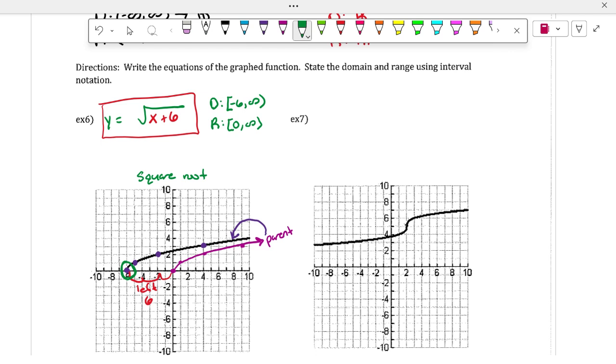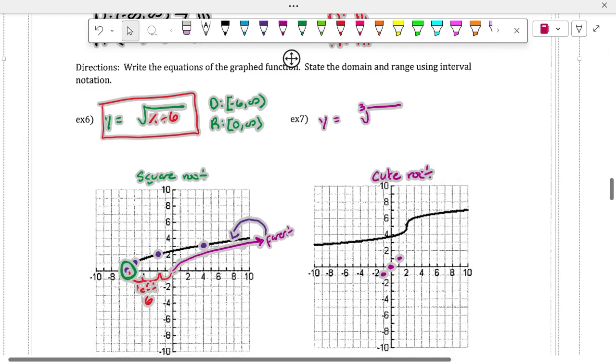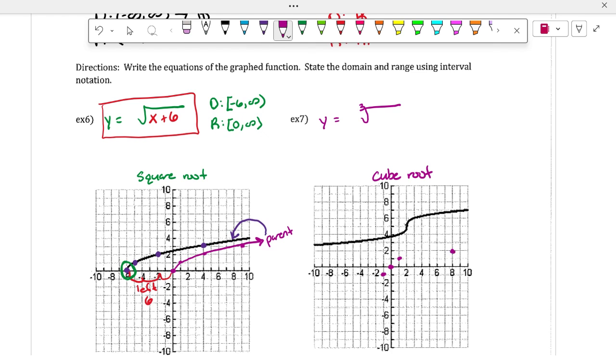All right, next one. First off, what type of graph is it? Cube root, not cubic. So this is a cube root. So that means we're going to have something y equals something cube root. So for reference, go ahead and plot the parent function of the cube root.